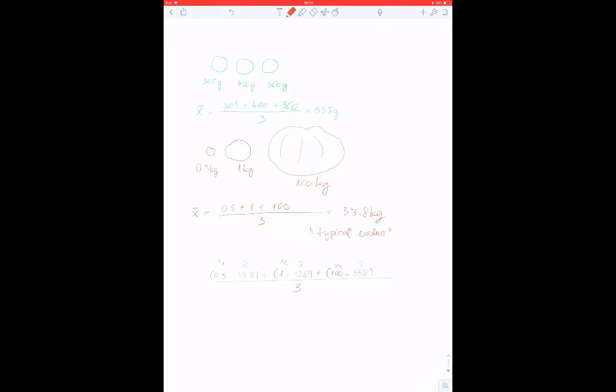Okay, so we have this deviation, the first, the second, the third, and if we calculate the value of this expression, we are getting 0. We are getting 0 because the negative deviations and the positive deviations cancel out.